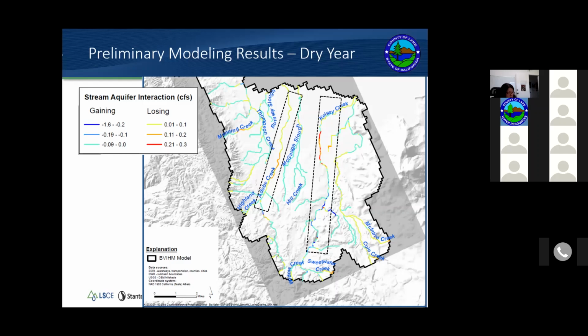Adobe Creek, for most of its length, contributes and loses water into the groundwater basin. So the model results line up with observed data.